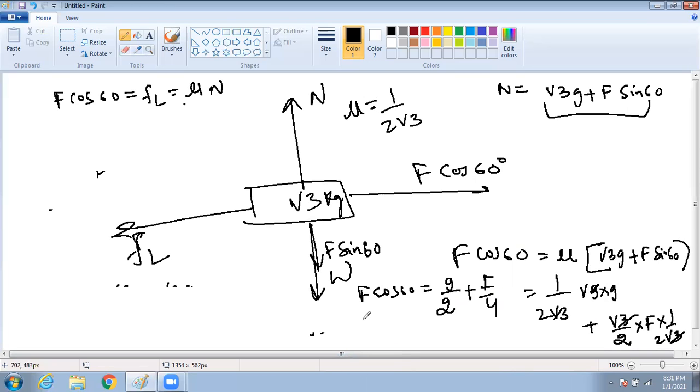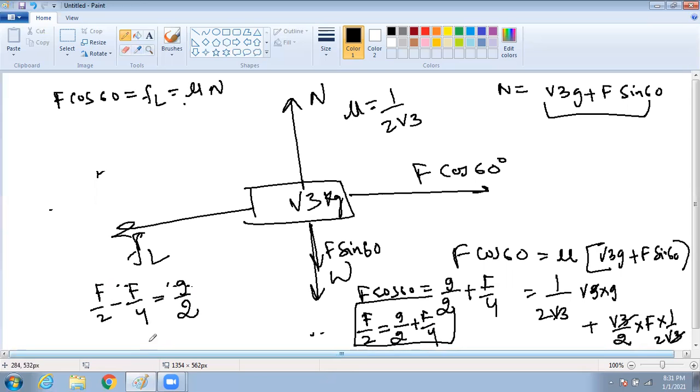So what is cos 60? Cos 60 is 1 by 2, so F by 2 is equal to G by 2 plus F by 4. So can I take this side? F by 2 minus F by 4 equal to G by 2. G by 2 is nothing but 5. So F is common, 1 by 2 minus 1 by 4 is equal to 5.